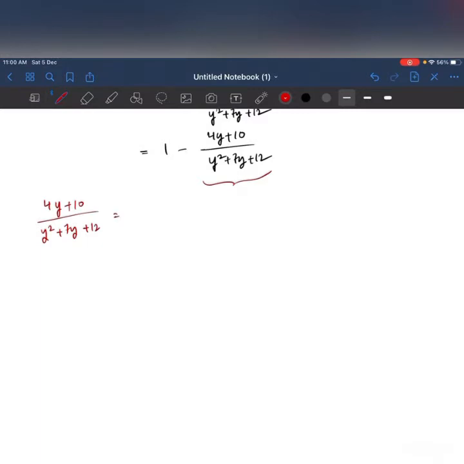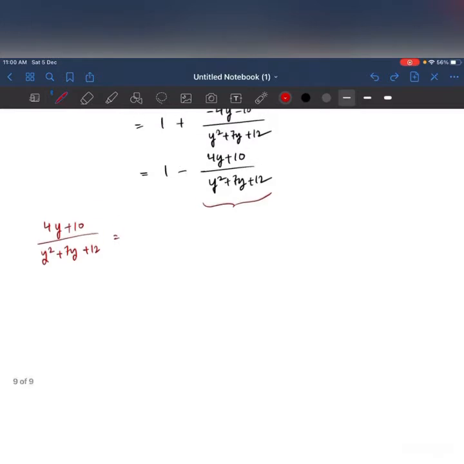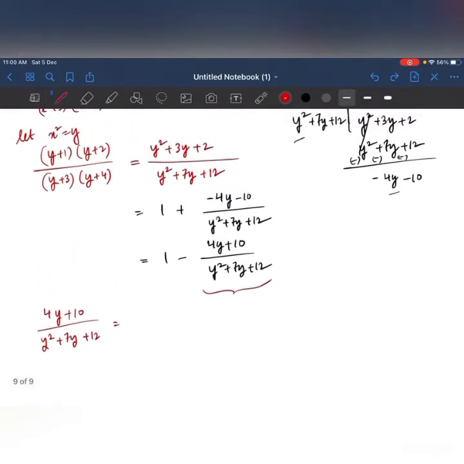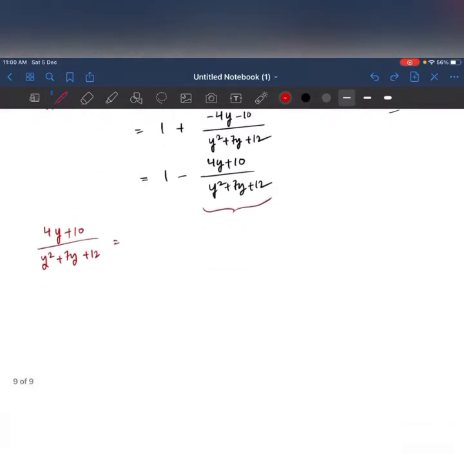I know this problem is going here and there, but at the end you will get a simplified form. First I need to factorize the denominator: y square plus 7y plus 12 is y plus 3 into y plus 4. So I will write this as 4y plus 10 divided by (y plus 3)(y plus 4).